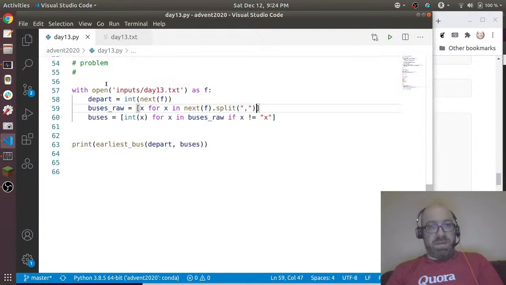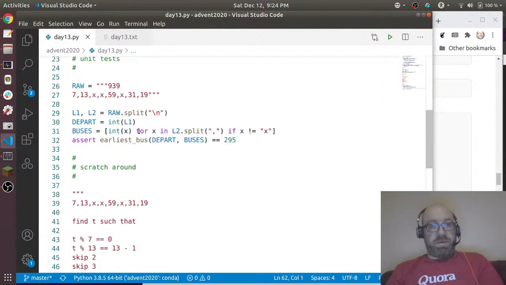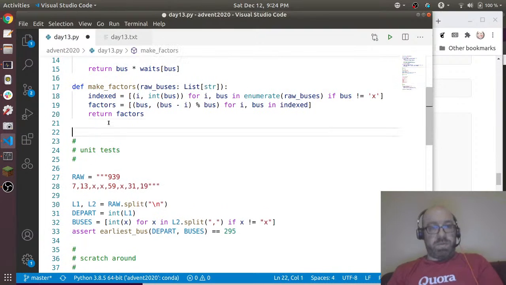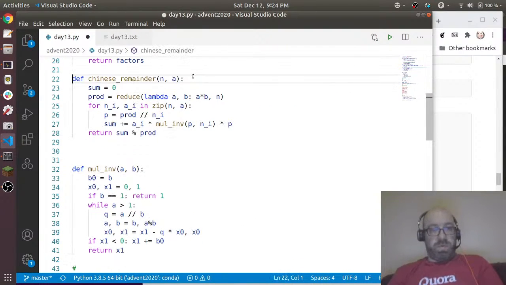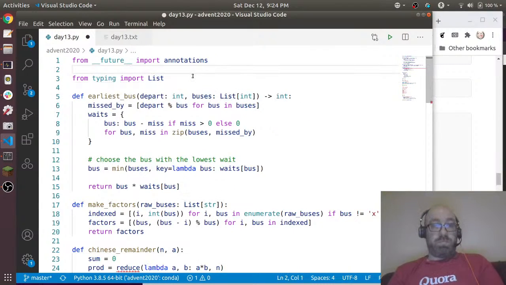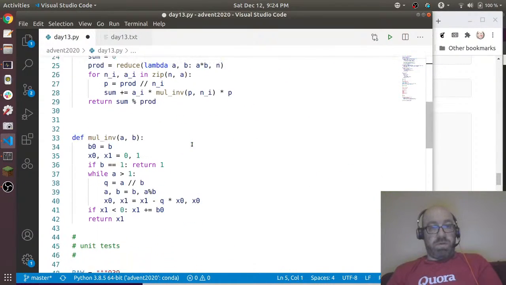I'd love to copy from Rosetta Code. So we will put this up top. You know how much I love reduce.